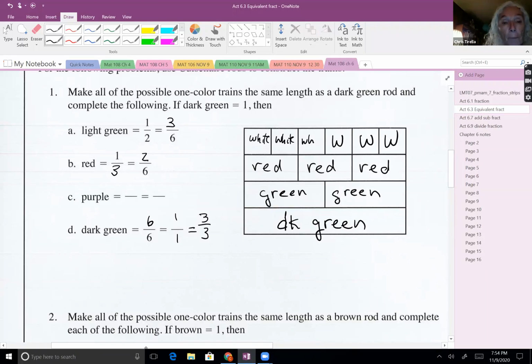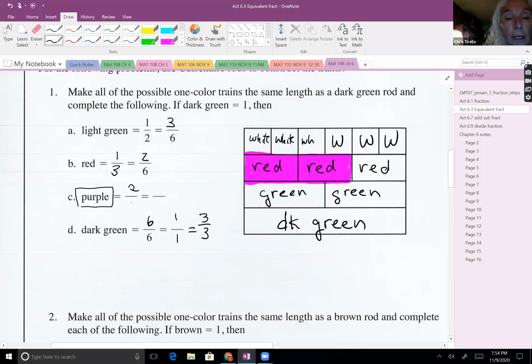Now that purple, that was the weird one. I'm going to be childish and play with my highlighters. The purple was equivalent to the length of 4. If I stood it on top, the purple would have been equivalent to 2 of the reds.